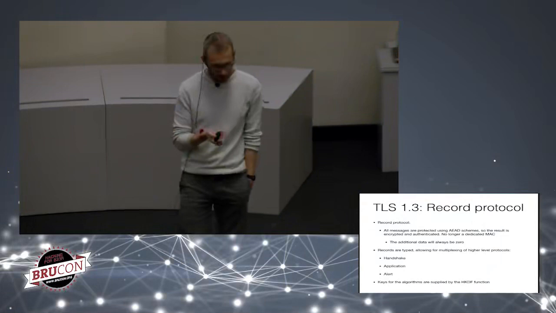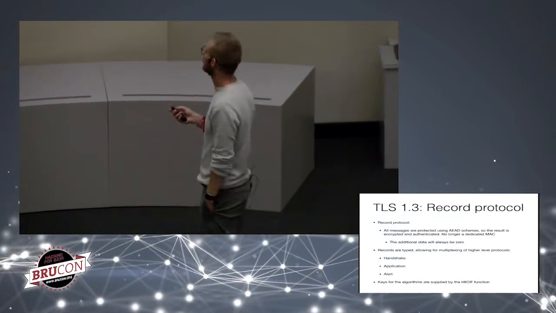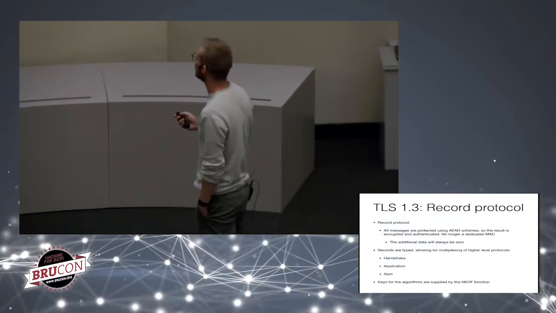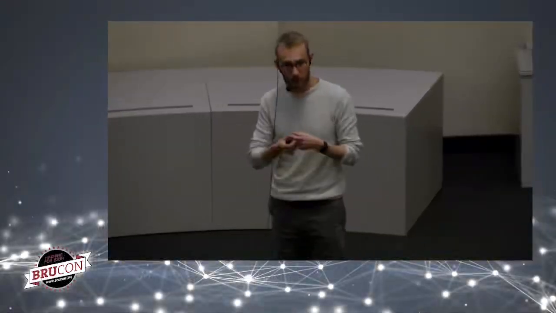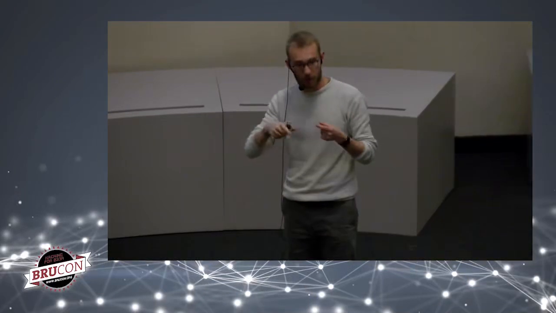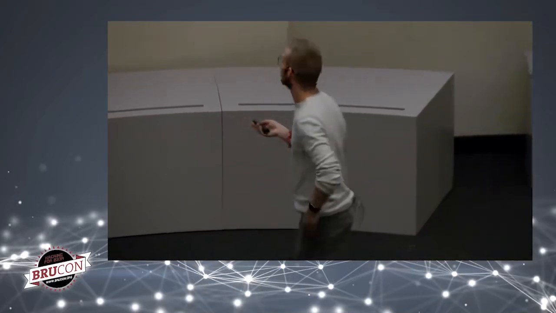Now, the records allow for multiplexing of higher level protocols. In the context of TLS, this means that you will have a handshake protocol, which is just key exchanges, application data which will be encrypted, and alerts, as in when something goes wrong on the record layer, those alerts will be communicated to the higher level protocol.